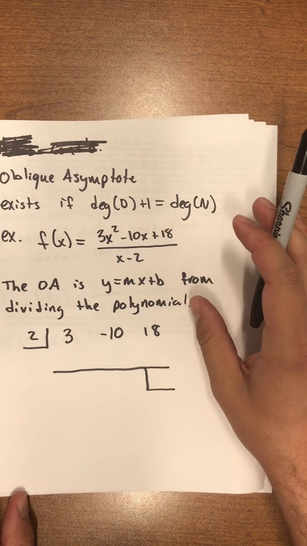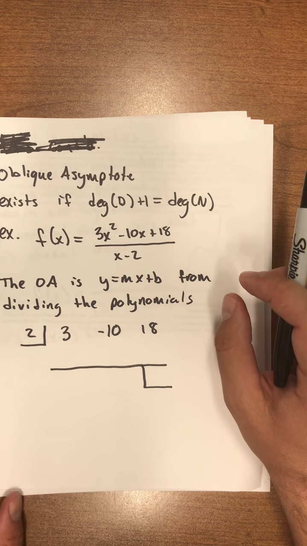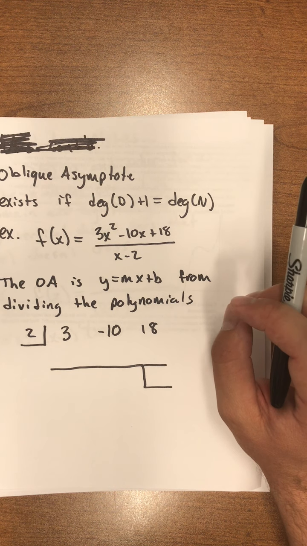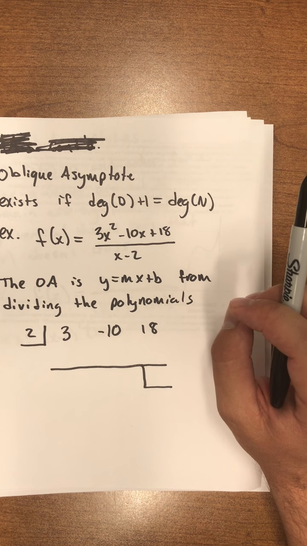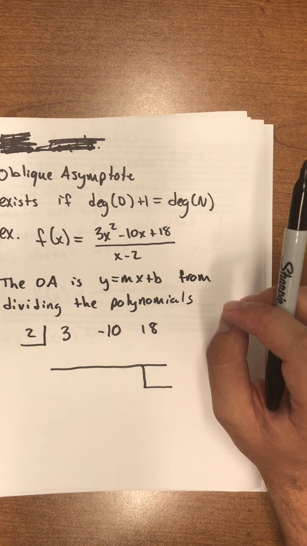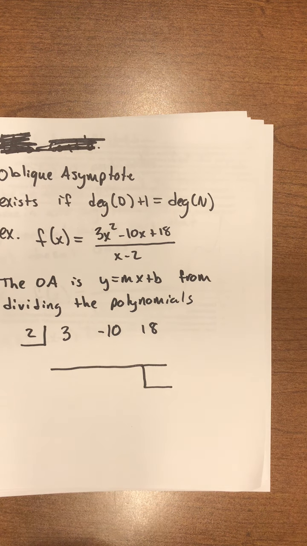So if that's the case, then we are going to have an oblique asymptote, which is a line y equals mx plus b where m is not 0. So just think about going back to graphing lines: a non-zero slope that is defined is not going to be a horizontal line. So that's why we call this either an oblique asymptote or a slant asymptote.